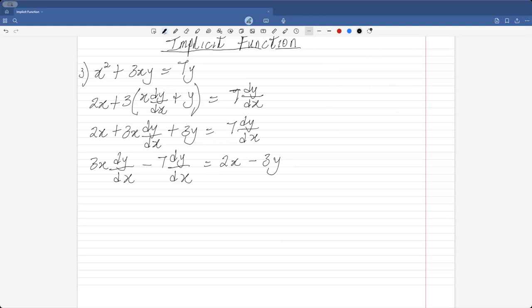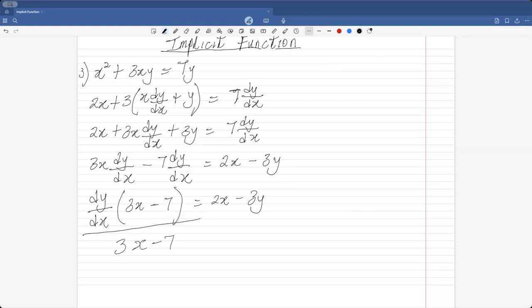And as we step further, we factorize the left-hand side to isolate the dy/dx. So we call this dy/dx, open parenthesis, 3x minus 7, close parenthesis, equals 2x minus 3y. Divide both sides by 3x minus 7.